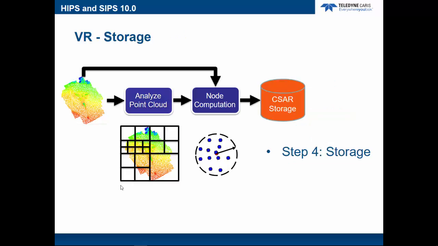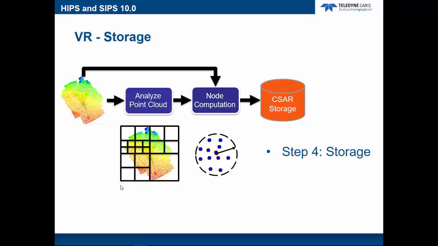So once we have the resolution map computed, the resolutions defined, and then the grid values calculated, we store that in our CSAR format. And that CSAR format has been something that's been around for a few years now. A very robust storage system that handles very, very large volumes of data quickly and efficiently.